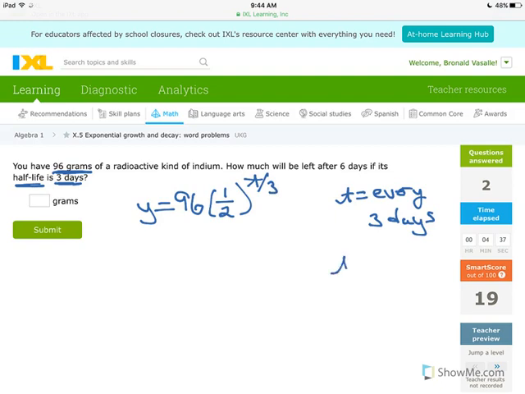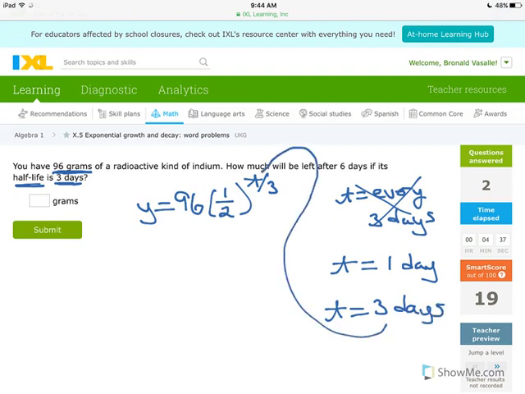And now you can have t, so instead of using this definition for t, now you can say t is equal to 1 day. That way when you get to your 3rd day, when t is actually 3 days, notice if you put the 3 in for t, you get 3 divided by 3, which is 1, which is 1 half-life. So that's going to be 1 cycle.